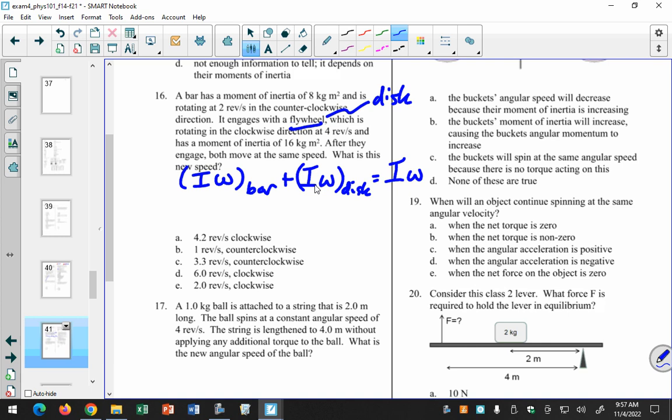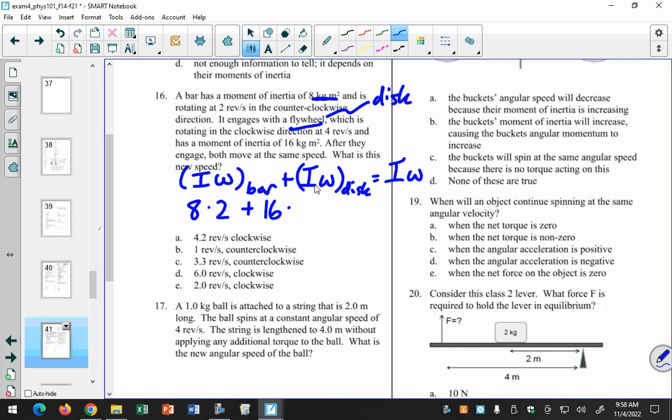So the bar has a moment of inertia of 8 kilogram meters squared, that's given right there, and it's rotating at 2 revolutions per second. So that's 8 times 2, plus the moment of inertia of the flywheel is going to be 16 times omega.